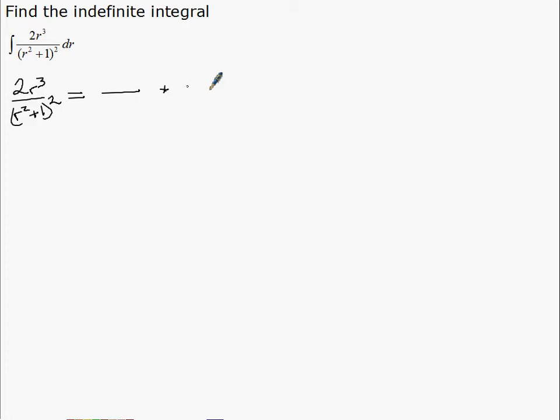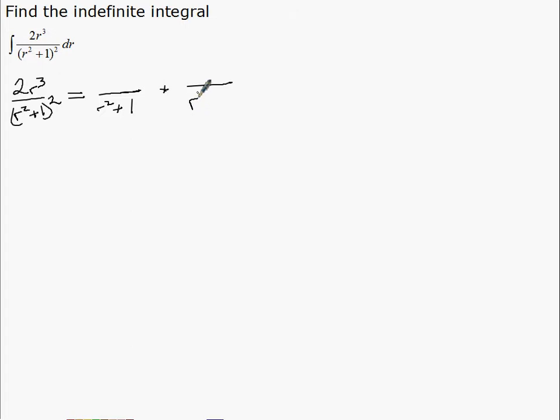Because it's a repeated quadratic factor in the denominator, we need to include all possible powers of that factor. Let's clean that up a little bit. So here we have r squared plus 1.